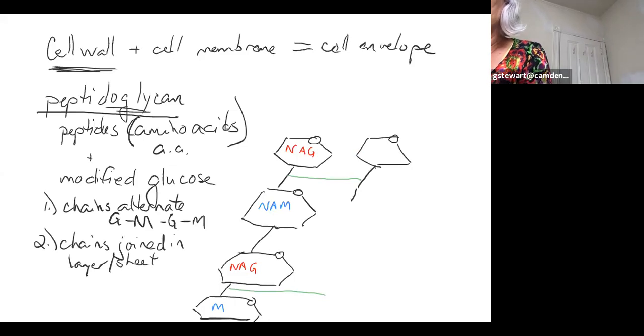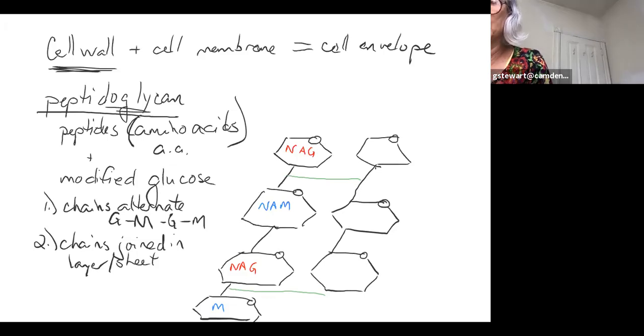Yeah, my drawings are getting worse, sorry. Okay, you know there's one down there, right? And it's the same. This one's G, this one's M, this one's G, this guy's M. Right?